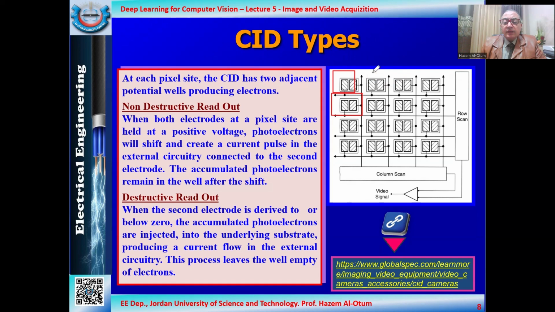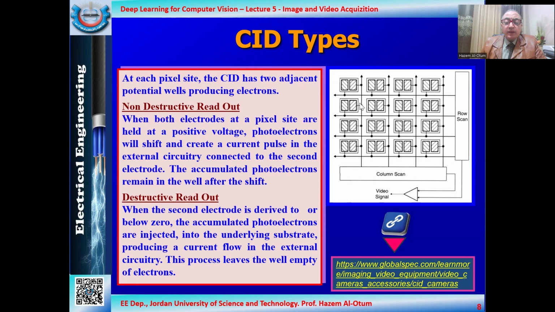Next, the readout process can be done partially or totally. So what do we mean by that? The first type, as you see here, is the non-destructive readout process. In this case, after applying the exposure time, we keep the voltage on the capacitors to be always positive.